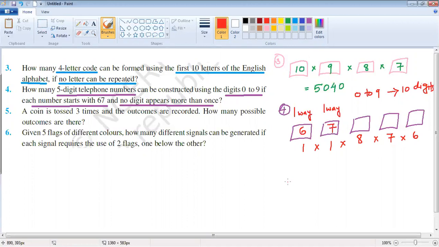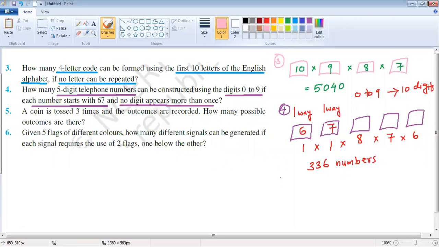That means 336 numbers. You can form 336 phone numbers using the digits 0 to 9 under the conditions: each number starts with 67 and no digit repeats more than once.